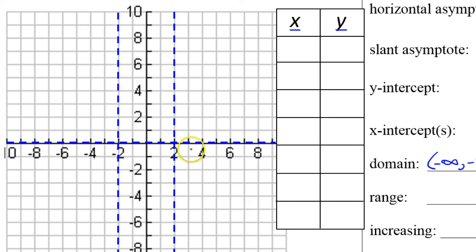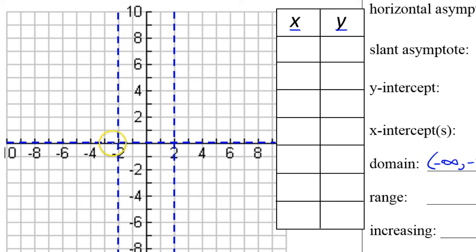The first secret of picking your values is to always pick values that are close to the asymptote as some of your values. So if I have a vertical asymptote at -2, I'm going to go just a little bit to the left of -2 and a little bit to the right. I'm talking about decimals to the left and decimals to the right.